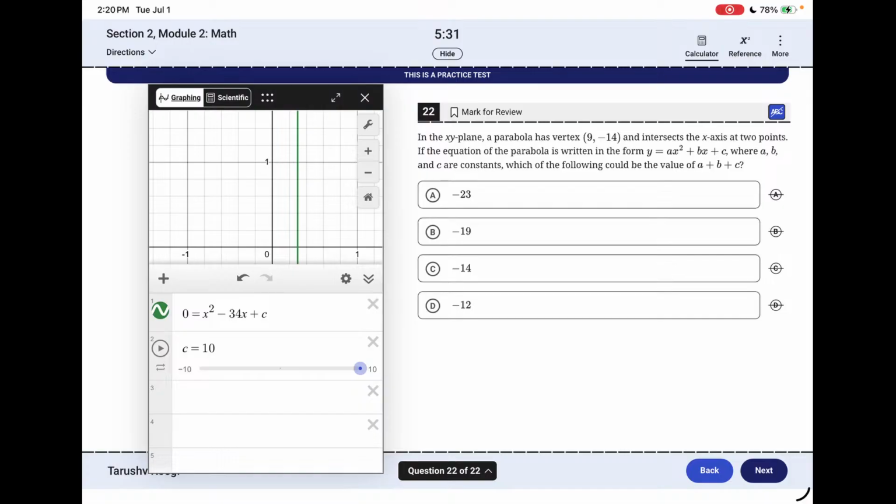If in the xy plane a parabola has vertex (9, -14) and intersects the x-axis at 2 points, and the equation of the parabola is written in the form y equals that, what could be the value of a plus b plus x?